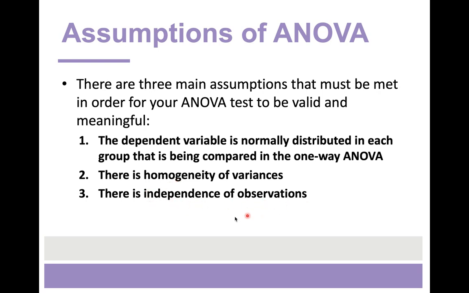There's independence of observations. So these are 3 assumptions of the statistic. They can be violated. If they are violated, then we have to make some adjustments, but we're not going to worry about that right now. We're just going to move forward, assuming that we have met these criteria.